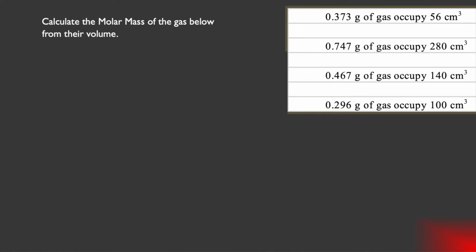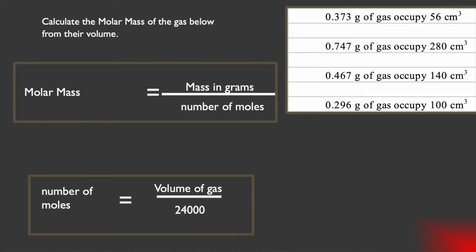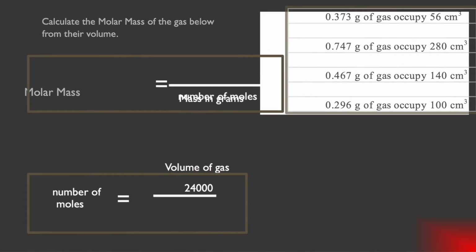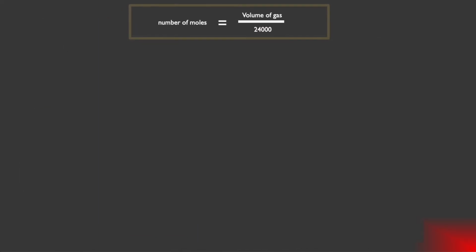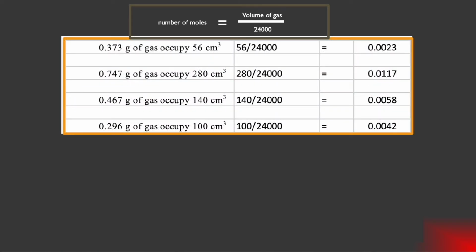And finally, we're going to calculate the molar mass of the gases below from their value. These are the questions on the right hand side. And we're going to use these two equations again. So first of all, number of moles is volume divided by 24,000. So we've been given the volume there. So 56 divided by 24,000 and so on.